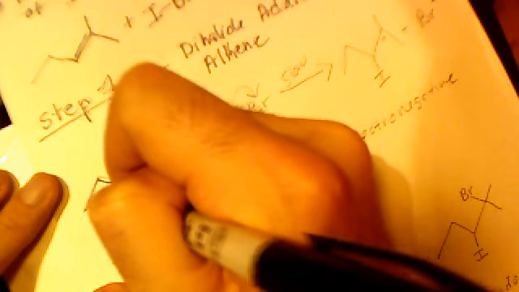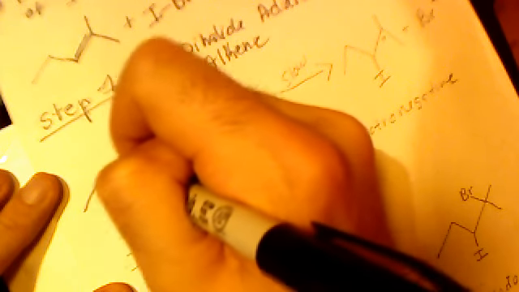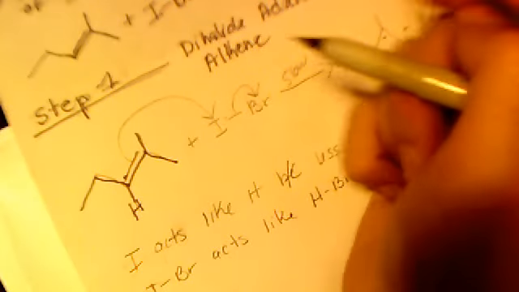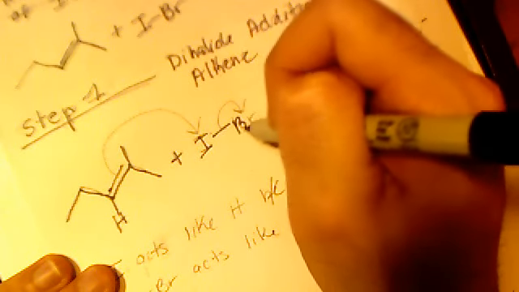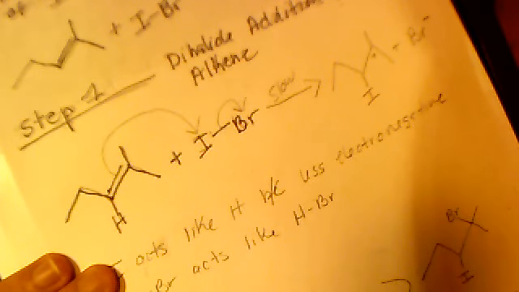When I rewrote the molecule for the mechanism, I wrote in the hydrogens so I would know which carbon had the most hydrogens, because this is going to follow the Markovnikov addition rule. But this time, instead of hydrogen, it's iodine and bromine.